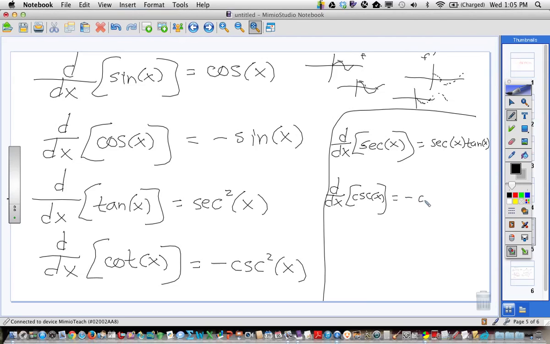Negative cosecant x cotangent x. So all the cofunctions, cosine, cotangent, cosecant, are negative. Sine, tangent, and secant don't have a negative on them. And that's it. We just kind of have to memorize it. And then we could put some of those in combination. All right, we're going to leave it with that.